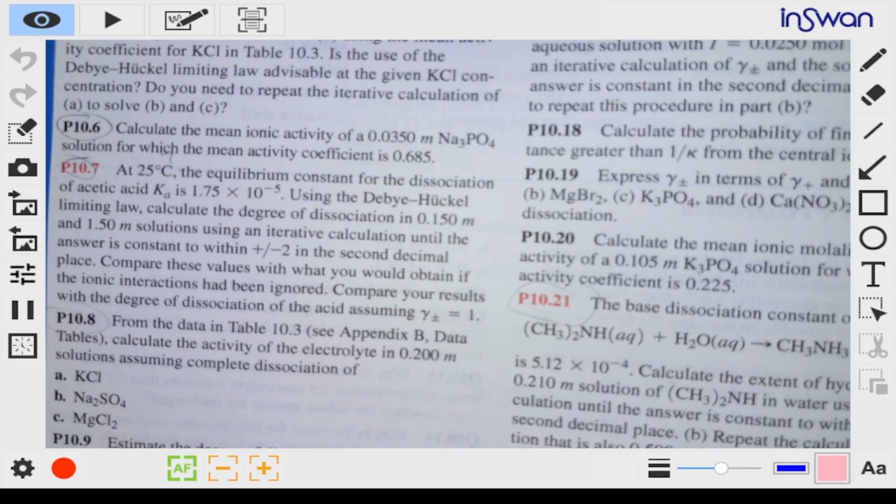Compare these values with what you would obtain if the ionic interactions had been ignored.